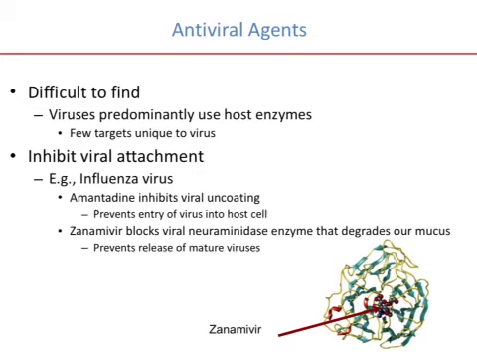I just have a couple of examples right here. You have this drug that inhibits viral uncoating, so the influenza virus can't uncoat, and because of that it can't get into the host cell.